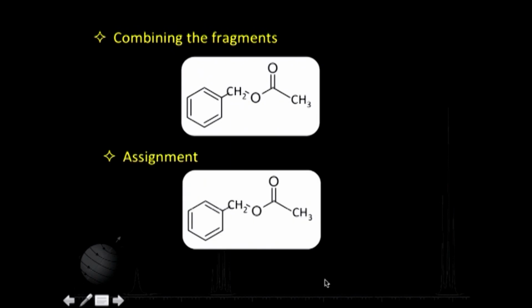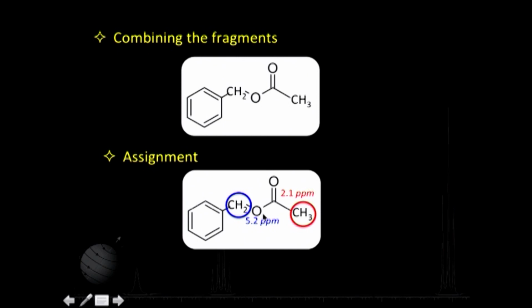Let us take up the assignments now. This methyl group will come at about 2.1 ppm because it is in the neighborhood of a carbonyl group. Because of the anisotropic effect of this carbonyl, this will come at 2.1 ppm, which is slightly downfield from the typical position. And this methylene will come at around 5.2 ppm for the fact that it is attached to two things.